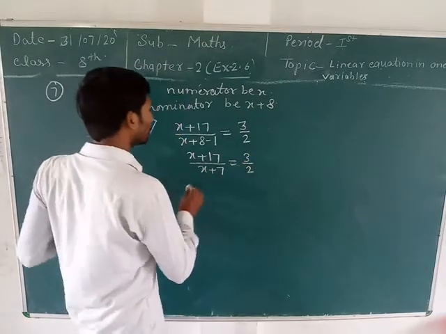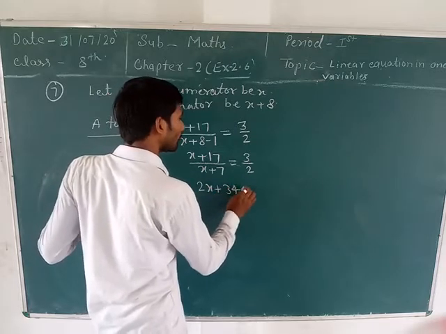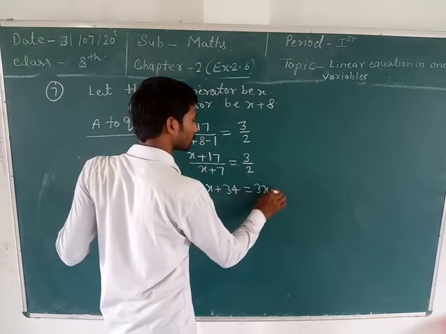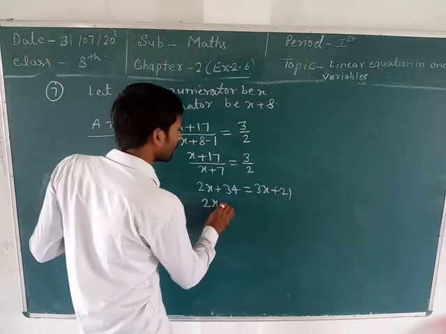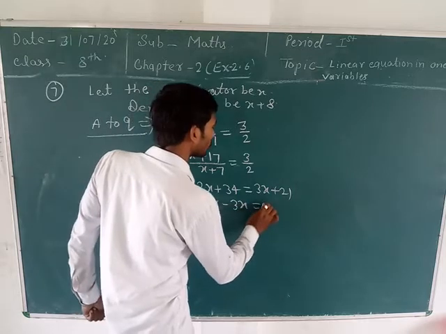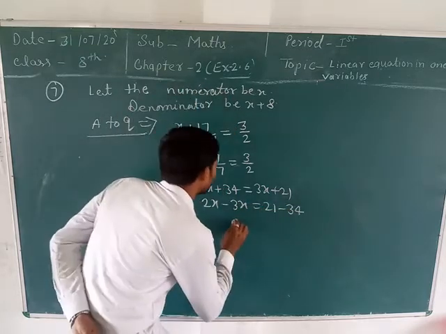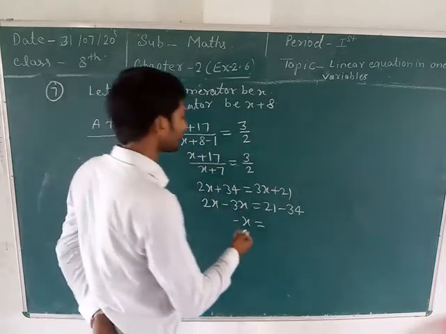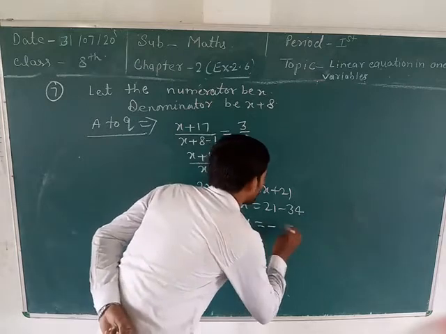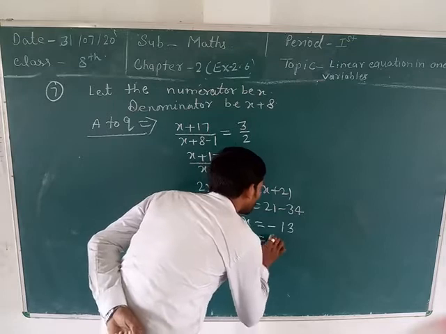Then we have 2x plus 34 equal to 3x plus 21. Then 2x minus 3x equal to 21 minus 34. Then minus x equal to minus 13, then x equal to 13.